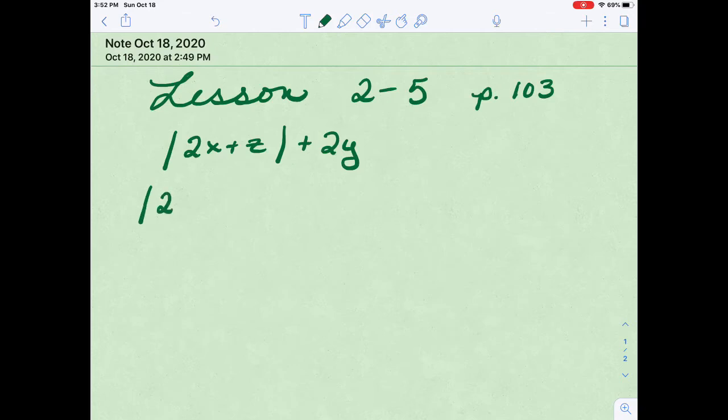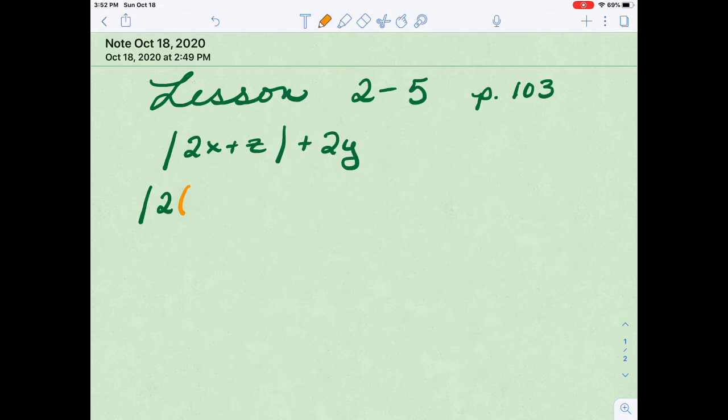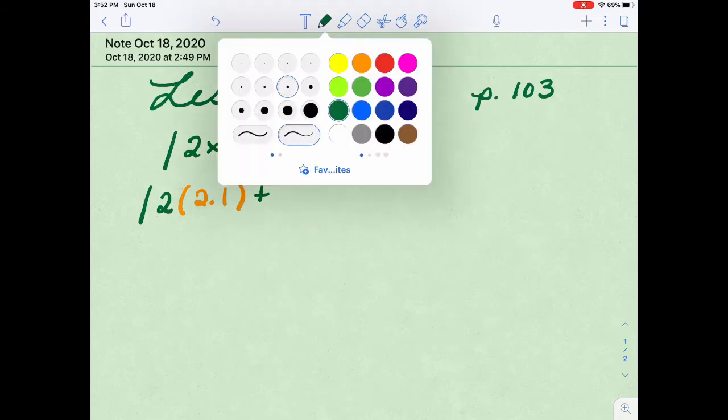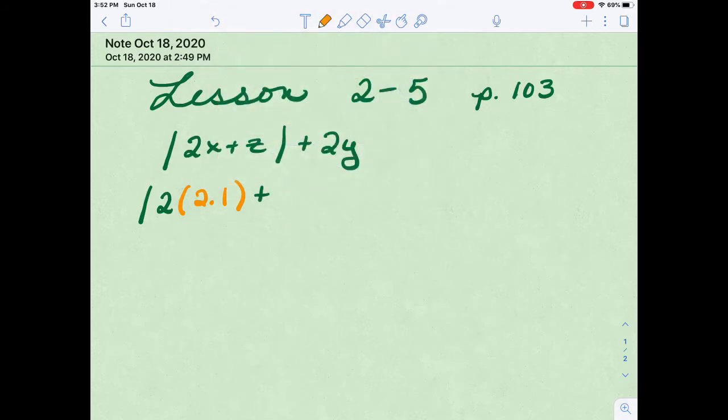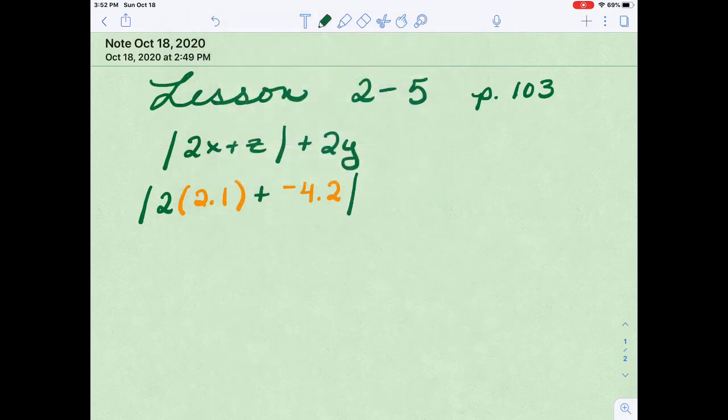So we have 2 times x, which is 2.1, plus, there's a number for z, which is negative 4.2. Plus 2 times y, which is 3.